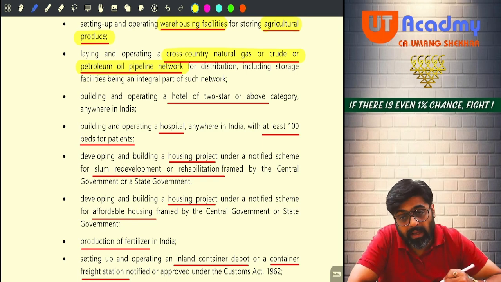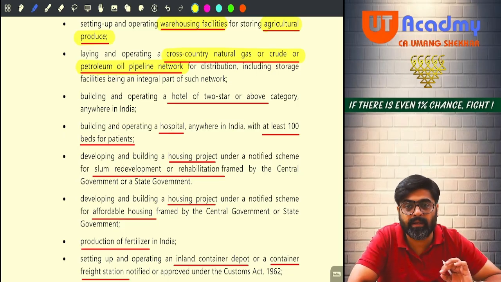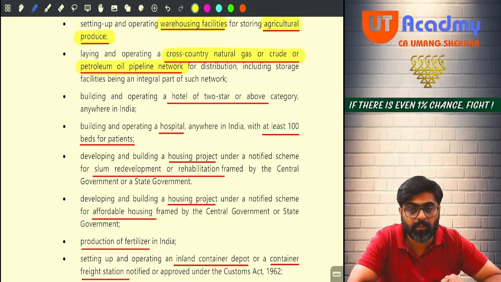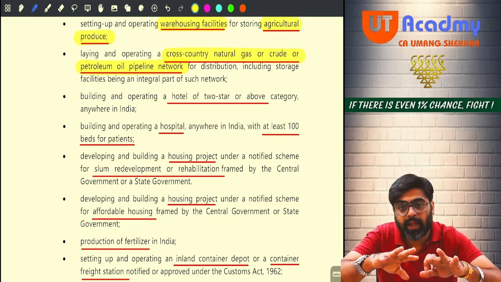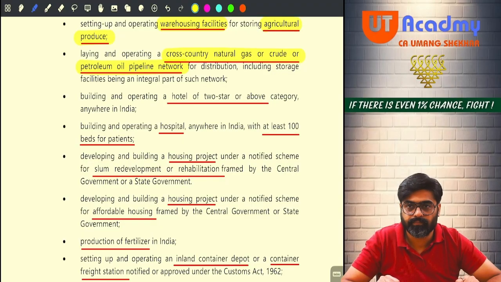So you are laying and operating cross-country pipeline network for transportation of natural gas, crude oil, petroleum oil. Your business is to lay and operate this type of pipeline network.